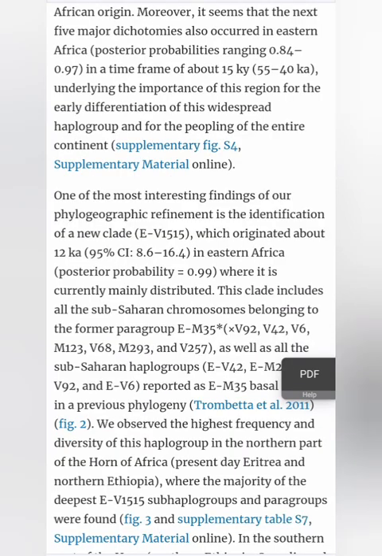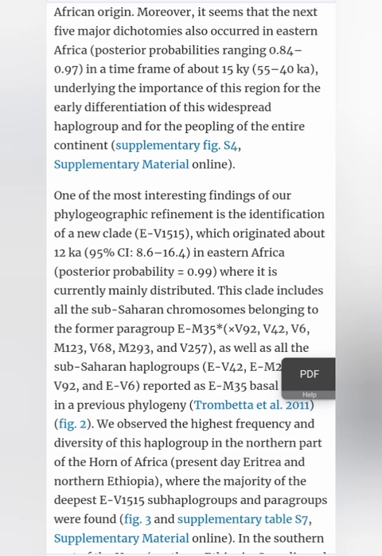Moreover, it seems that the next 5 major dichotomies also occurred in Eastern Africa, with posterior probabilities ranging up to 0.84 to 0.97 in a time frame of about 15,000 years, underlining the importance of this region for the early differentiation of this widespread haplogroup and for the peopling of the entire continent of Africa.